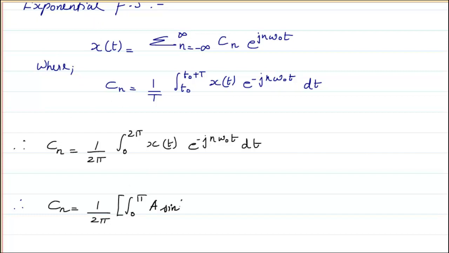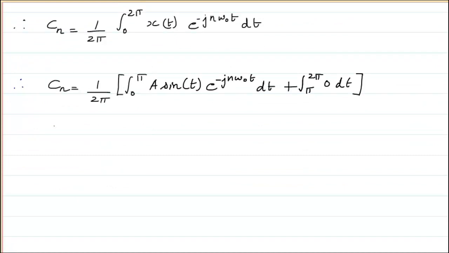A sine of t, let me write it more clearly, A sine of t into e raised to power minus jn omega naught t dt, plus the second limit is from pi to 2 pi, and that is 0 dt. Why 0? Because in that case x of t is 0, so there is no point in writing the other things after it.